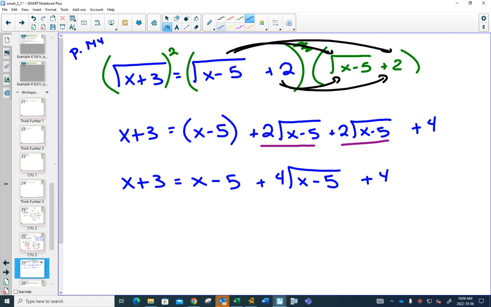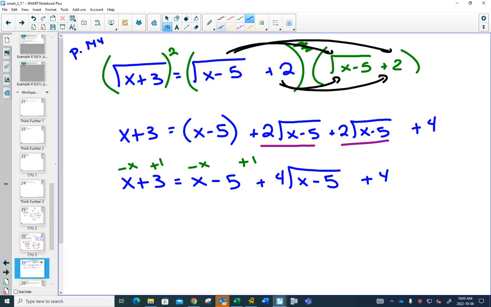So how do we solve a square root equation? We need to get the square root isolated. So can I combine everything else on the other side? Can you notice that you could subtract x and subtract x on both sides? And minus 5 plus 4 would be minus 1. I could add 1 to both sides. Are you okay with that?